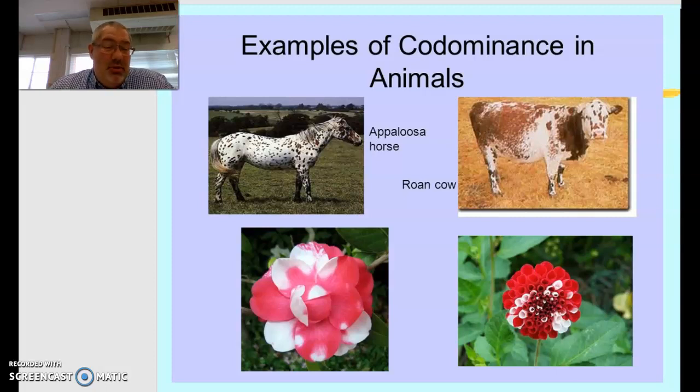So if both allele products are expressed, you have codominance. If you have a blend of the two parental characteristics, that is referred to as incomplete dominance. So these are exceptions to Mendel's law of dominance.